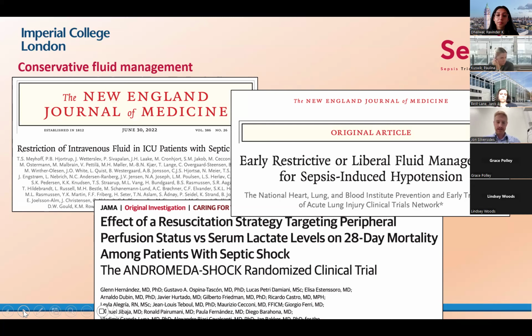Essentially, they have not shown a statistically significant difference on patient outcomes based on fluid resuscitation strategies. The first two compared restrictive versus liberal. The Andromeda Shock was a little different, and they compared two different targets, either capillary refill guided fluid resuscitation or lactate guided resuscitation.